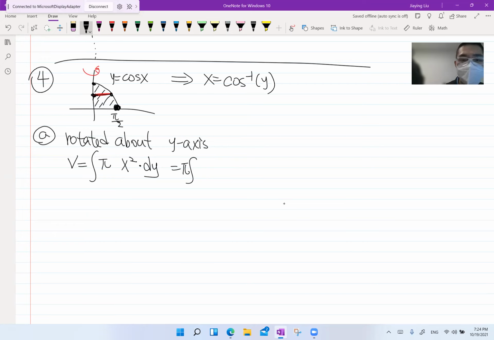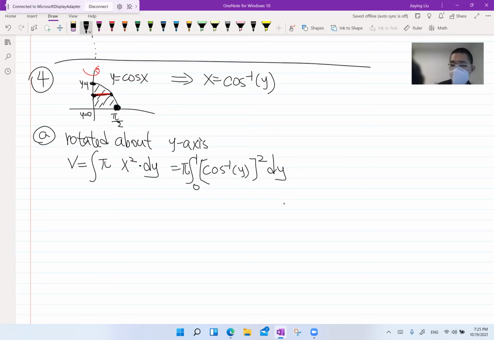So you can put it there, squared, dy. And then for the boundary values, because we integrate with respect to y, we need two y values. So y going from 0 to 1. This is y equals 0, and this is y equals 1. There's nothing wrong with writing it like this. This is perfectly correct.